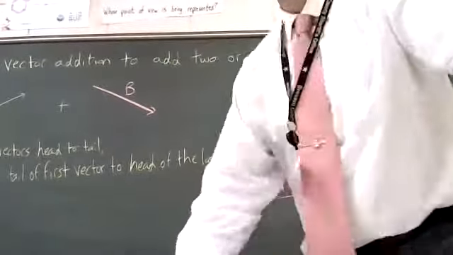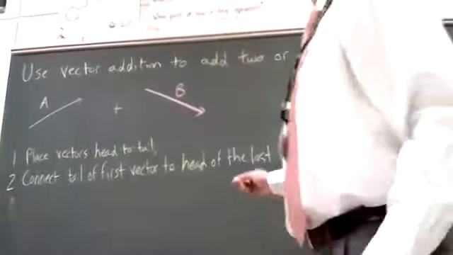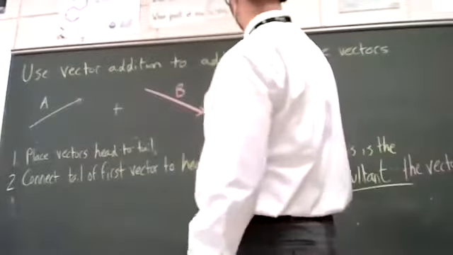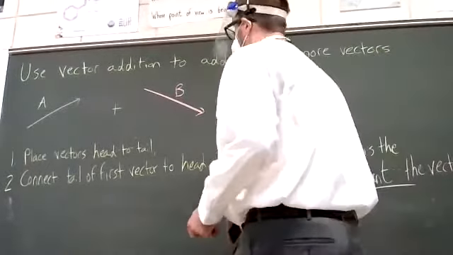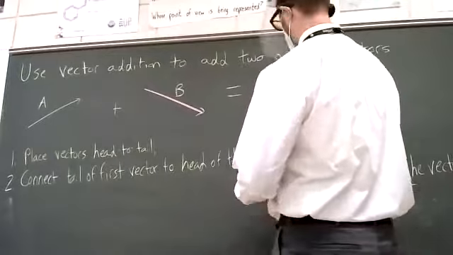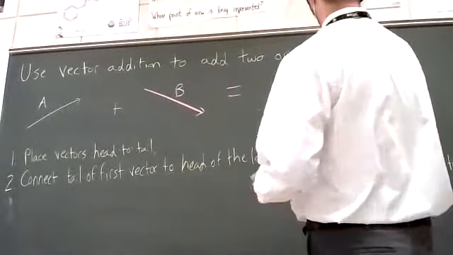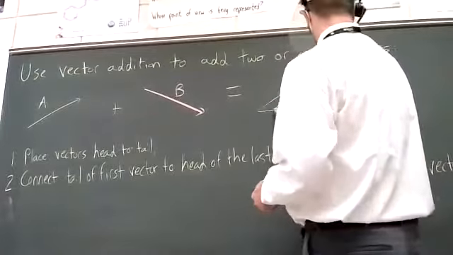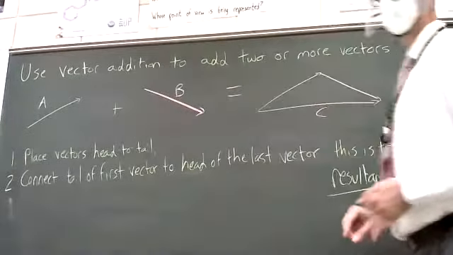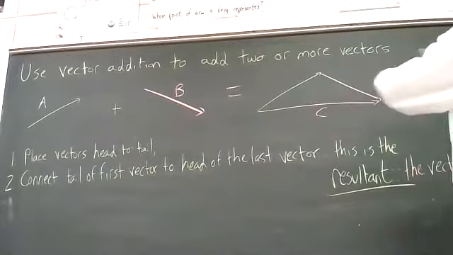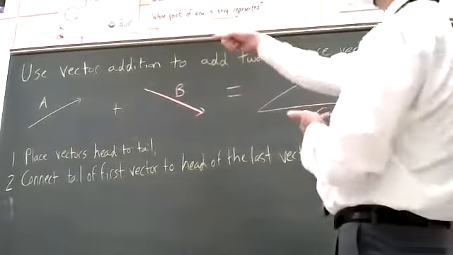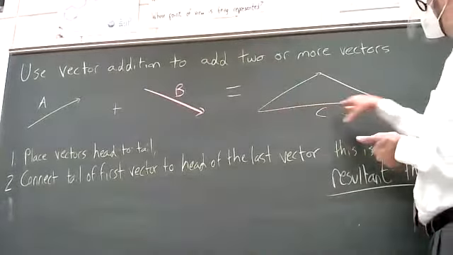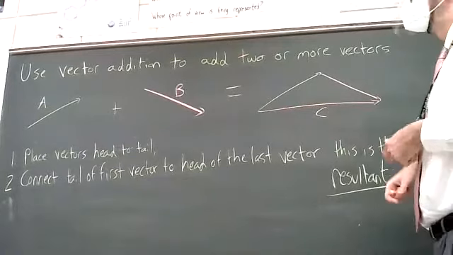So for this problem here, A plus B equals, I would, on my vector A, put my vector B head to tail with it, and my resultant C would be that, right? So it'd be a vector that would go straight to the right because I went up and to the right, I went down and to the right, so I really just went to the right, okay?